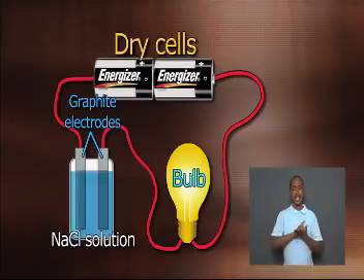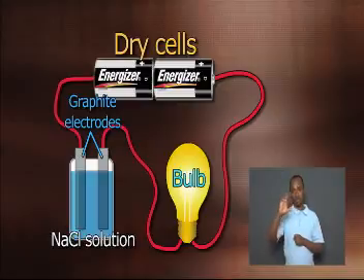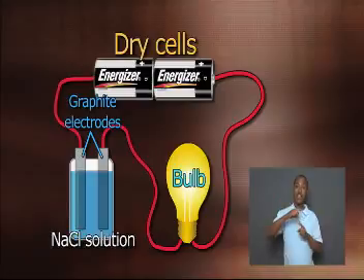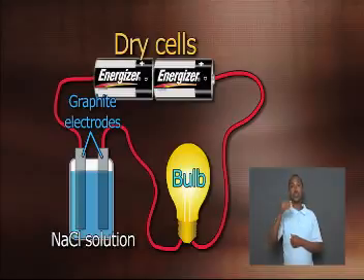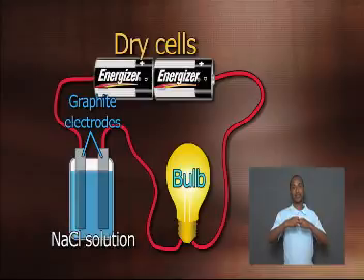Distilled water is then added to the solid sodium chloride. The mixture is stirred until the salt dissolves. It can be observed that the sodium chloride solution does conduct electricity. The light bulb will turn on.